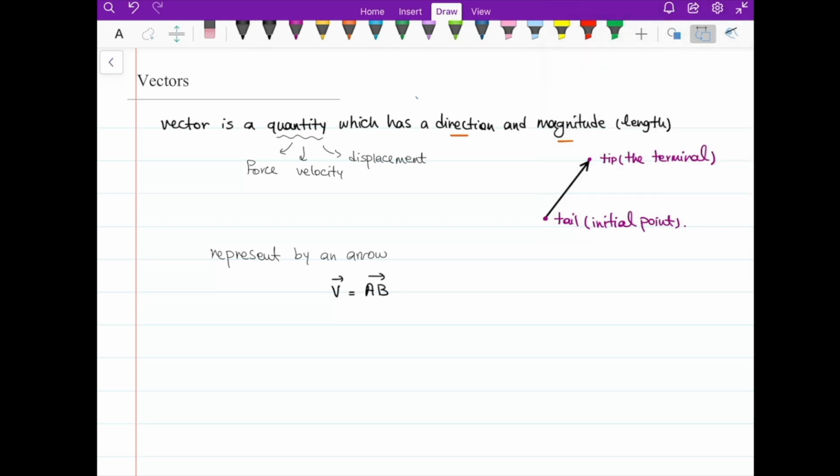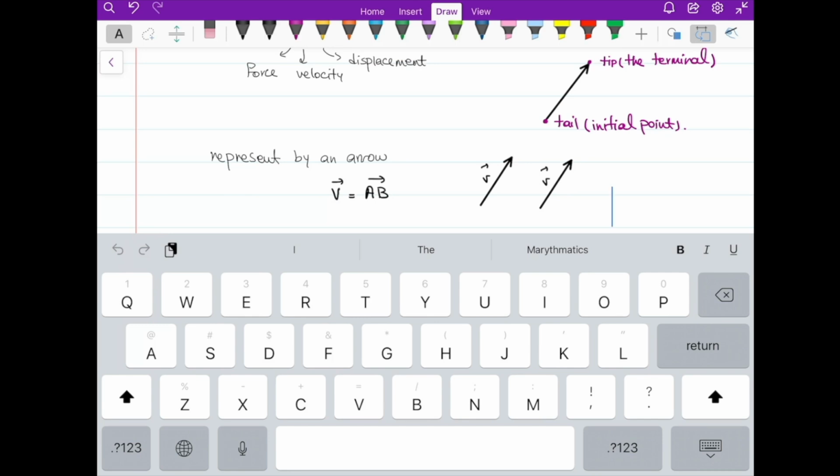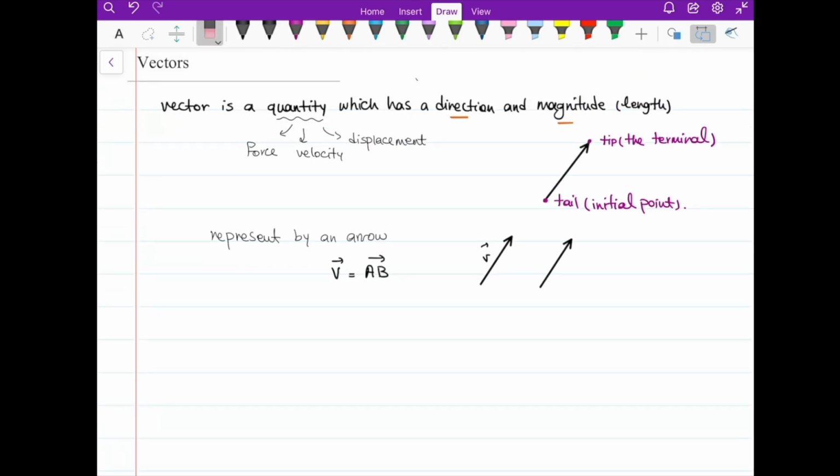Just assume that this is a vector v, and the same vector, I'm gonna copy it, paste it, but I'm gonna use 2 points A and B. And also we can use another 2 points C and D in some other place.